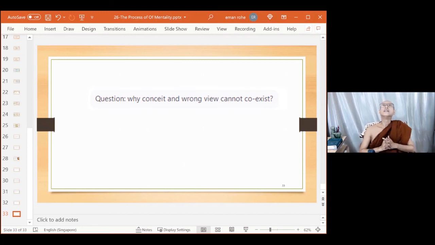The reason is that conceit and wrong view have different focus, a different center. Conceit centers on one's own self, but it is also mostly based on wrong view; still, it cannot arise together with, or coexist with, wrong view.